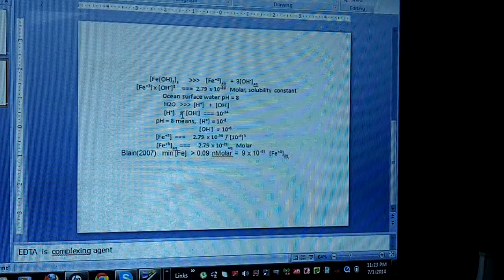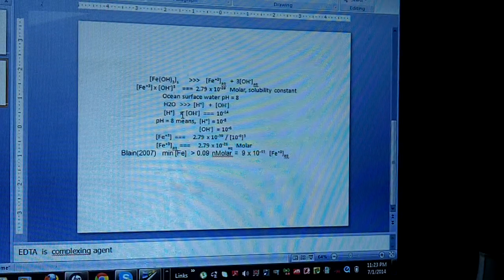And now to put that in perspective, Blaine finds that the minimum iron concentration required by the algae to absorb carbon dioxide or to even stay alive is 0.09 nanomolar, which translates to 10 to the minus 11 molar iron in the water for the algae to survive.